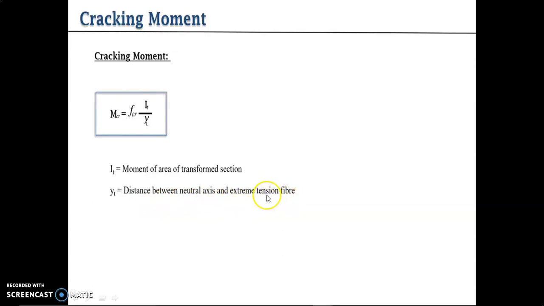So these are the terms or relations which we use in LSM, and the most important thing here is that we use the partial factor of safety, where we multiply this partial factor of safety with the material for reducing the material strength or enhancing the load effect.